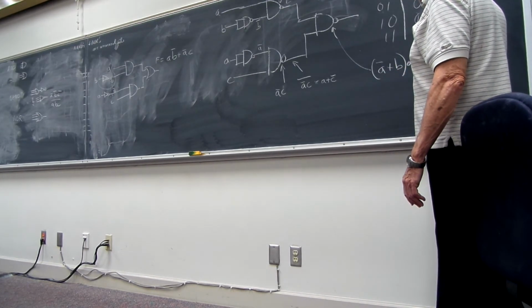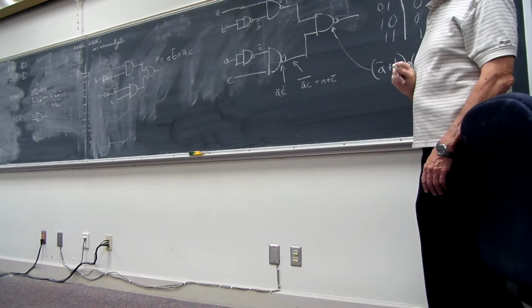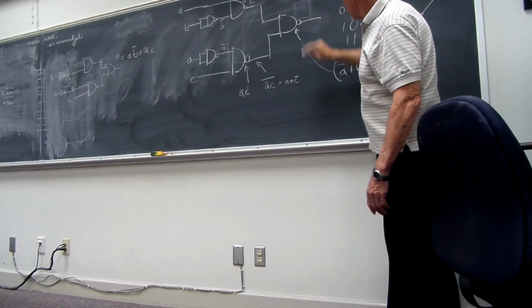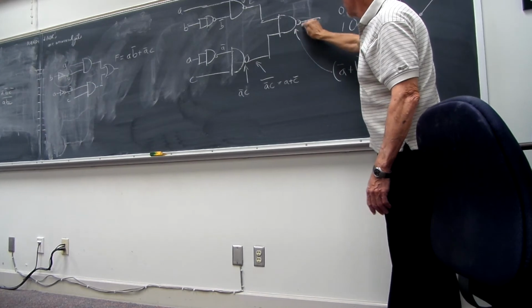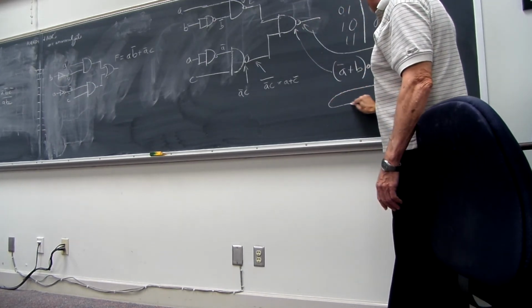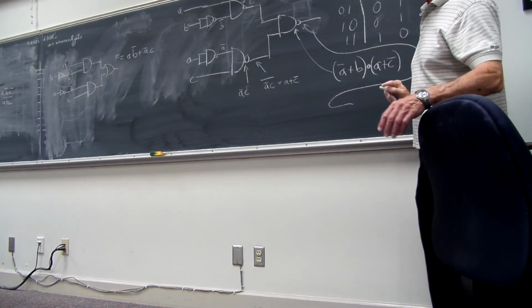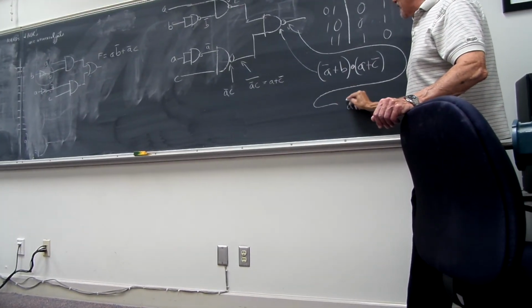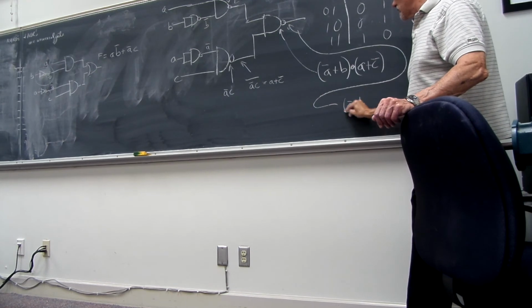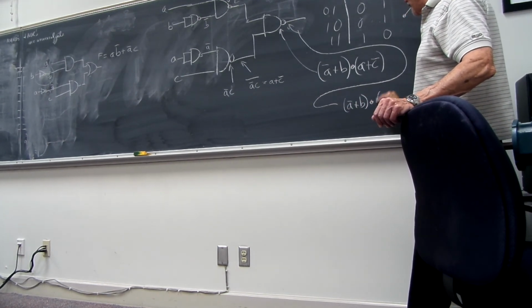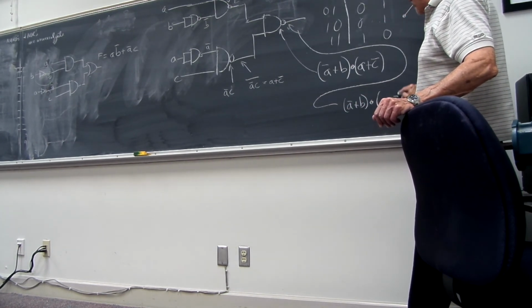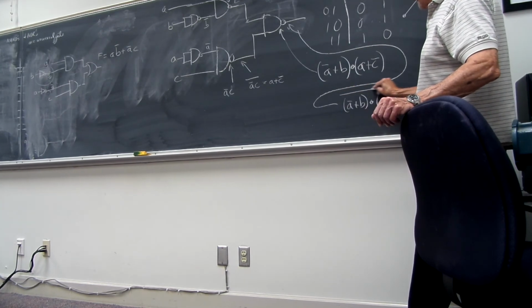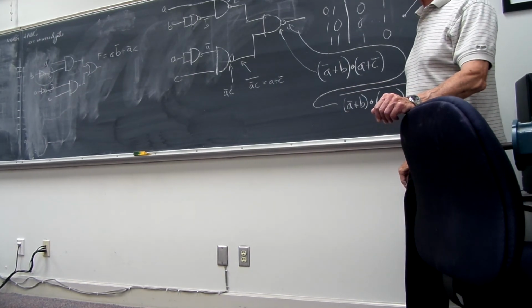A or C bar, that variable. There we go. Trace that down. This is going to be A bar or B ANDed with A or C bar, but the whole thing barred. Yes?